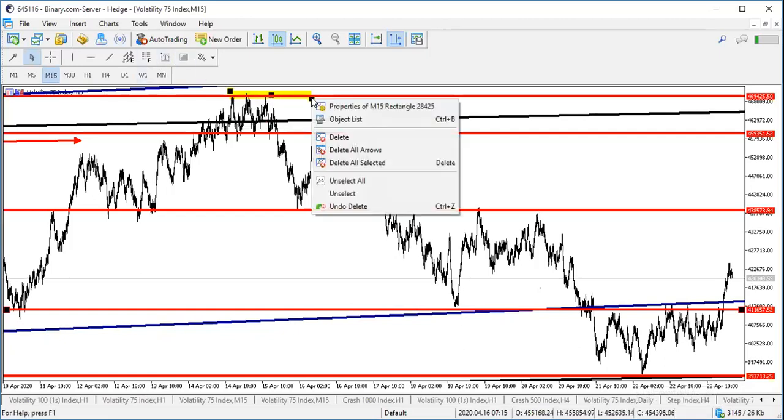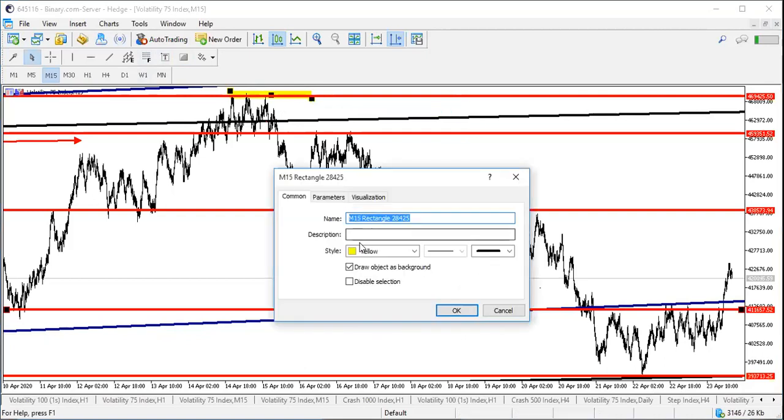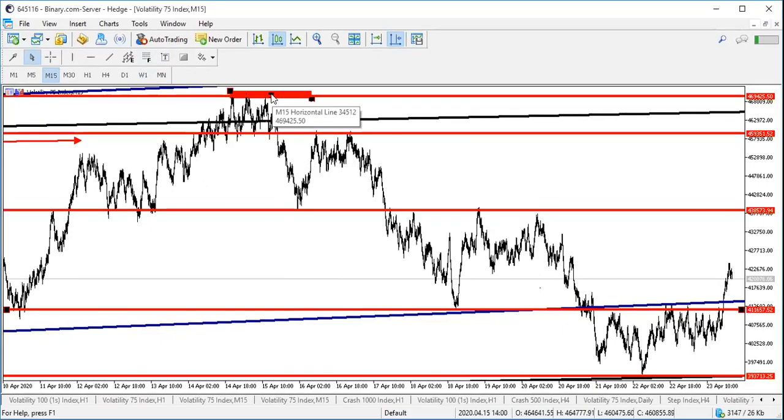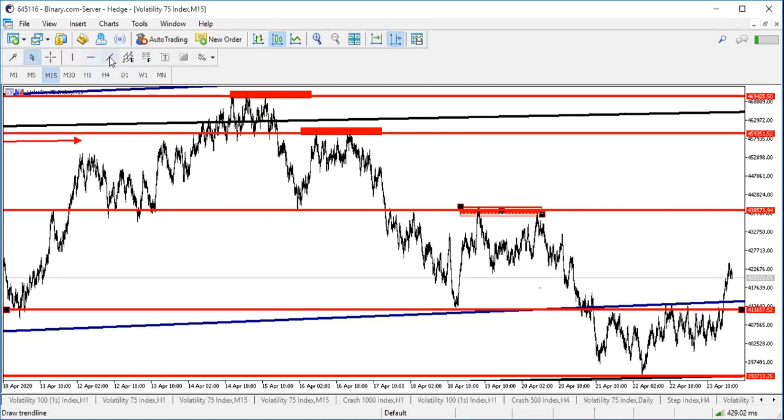Always mark the highs this way. It's my high, up to this level. Unfortunately, there were only 3 highs here, so I'm going to try to connect the highs like this.